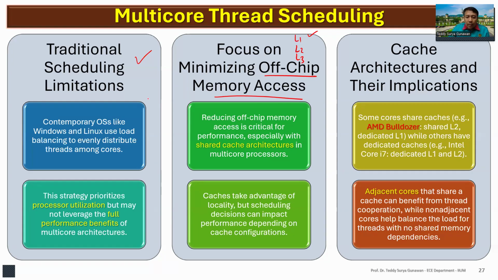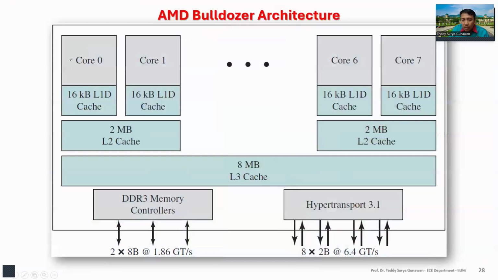Okay. So the OS normally uses load balancing to evenly distribute threads among cores. This prioritizes processor utilization, but might not leverage the full performance benefit. Maybe it's better to see it here. We have core 0, core 1, and we have the level 1 cache.